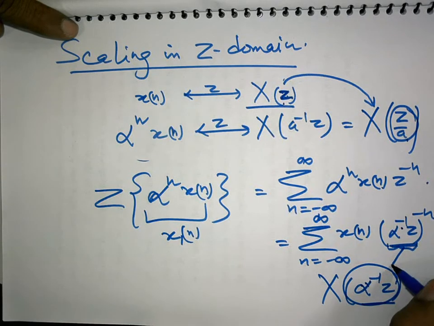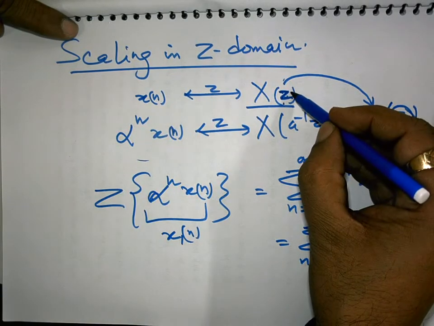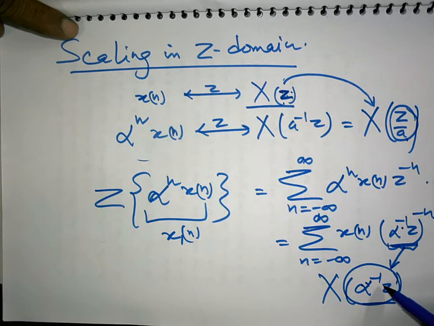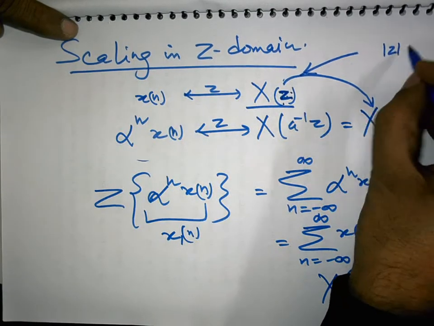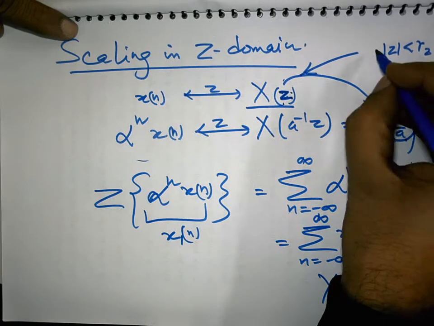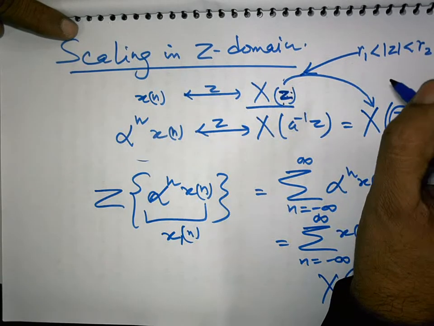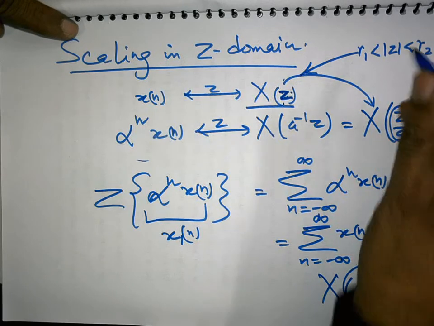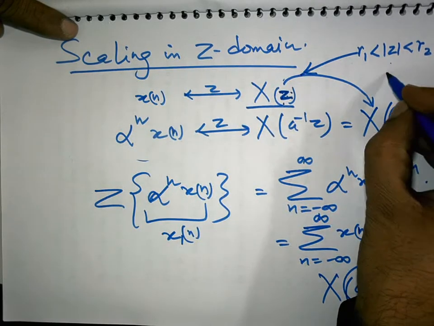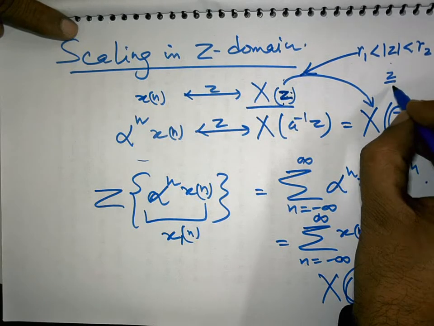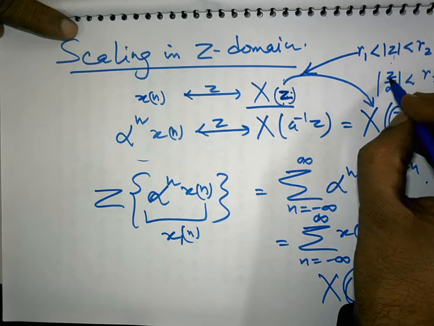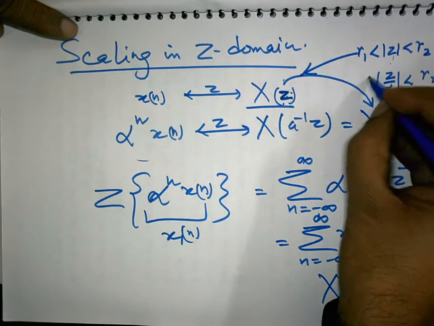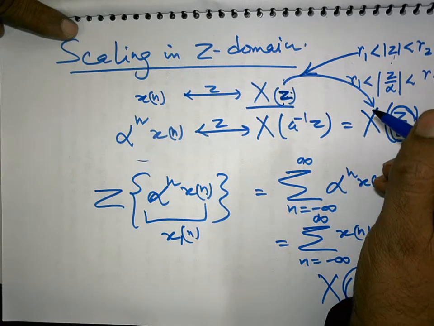What does it mean? It means that every place where there was z in this expression will be replaced by alpha inverse z. And what about the region of convergence? Suppose in general the region of convergence was greater than some R1 and less than some R2, meaning it was some annular ring. Then for this it will be z by alpha less than R2, simply replaced by z by alpha, and greater than R1.